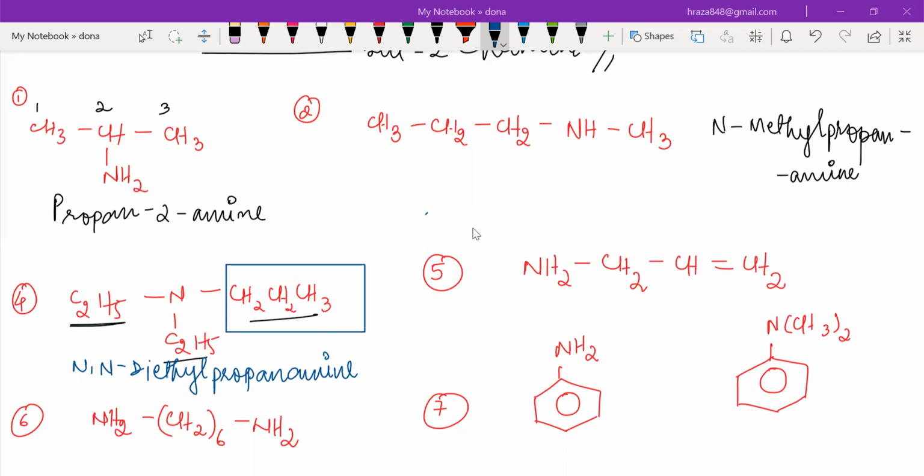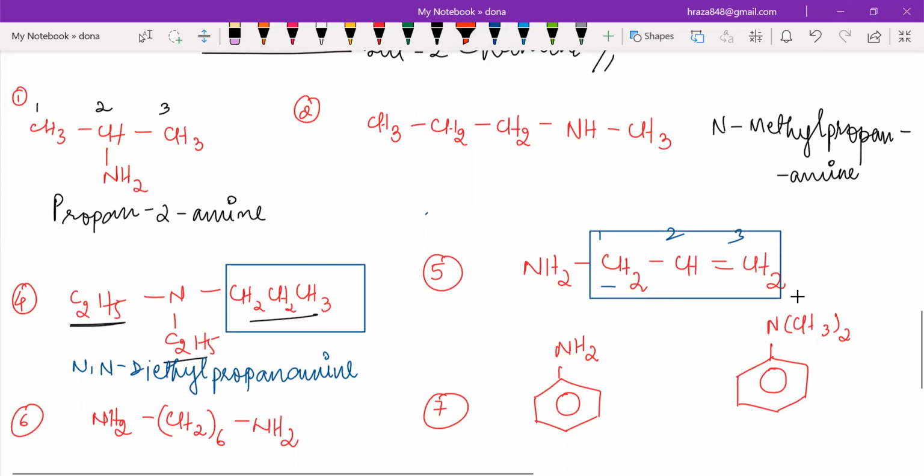So the fifth one, is it propan-1-en-amine? From where did you do the numbering? Left to right. Left to right, that means you did this numbering, 1, 2, 3. Yes. This is your parent chain, right?